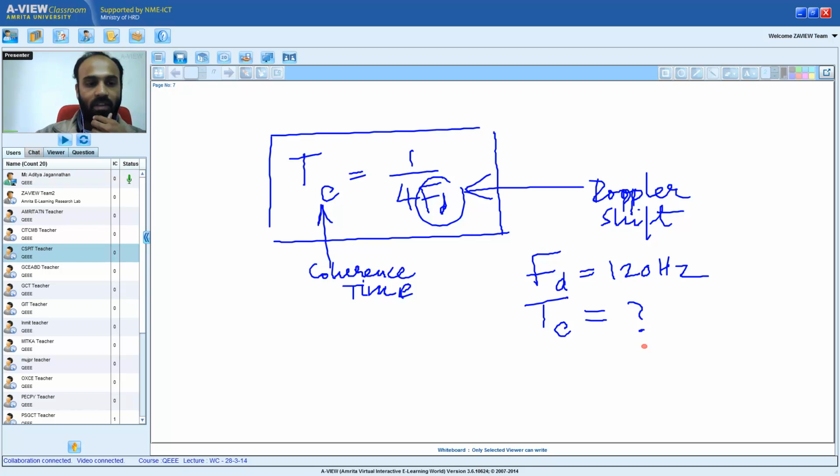Can someone calculate this value? What is the coherence time?